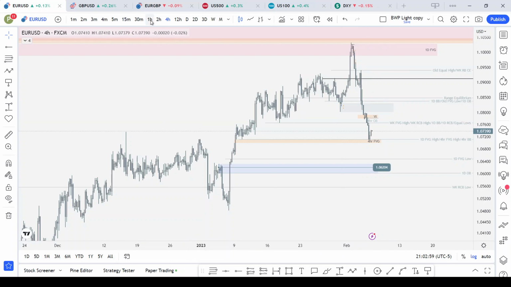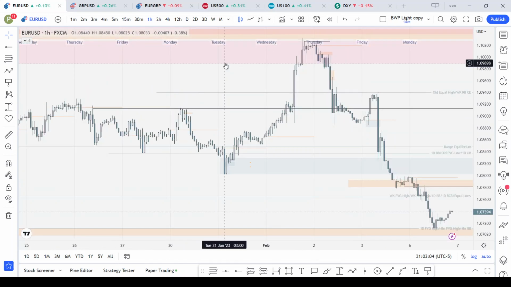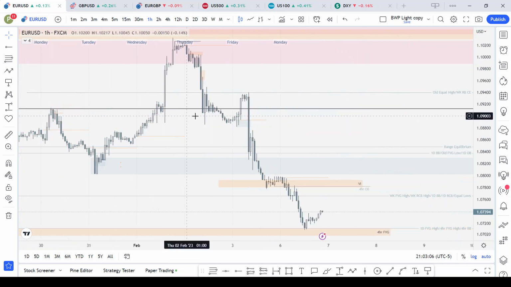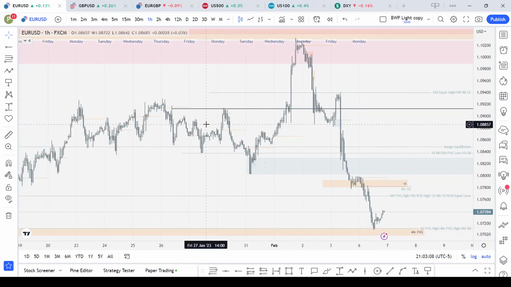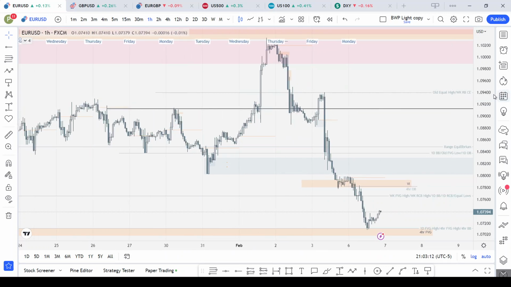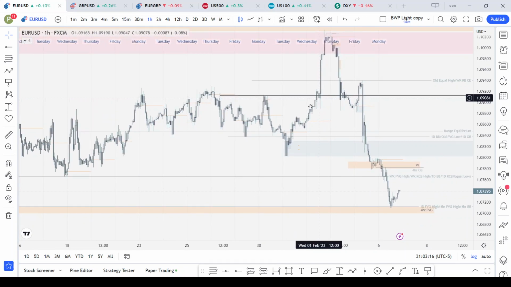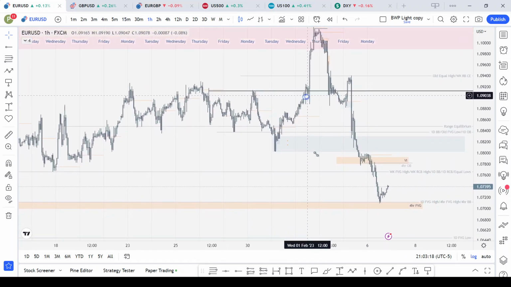Okay, so on the 1 hour time frame, price has reacted to this. We are still bearish.